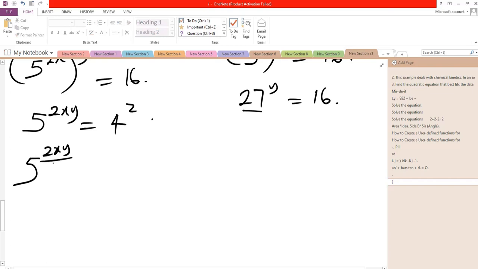That is, I will divide this power with 2xy, and this 2 with 2xy also, since whatever you do to the left hand side, you also have to do to the right hand side.